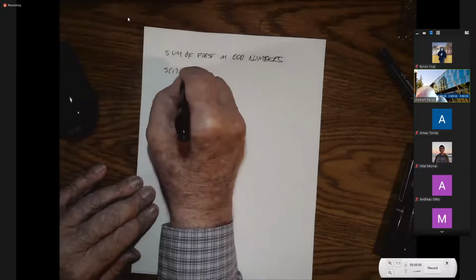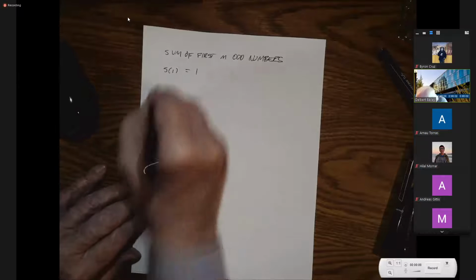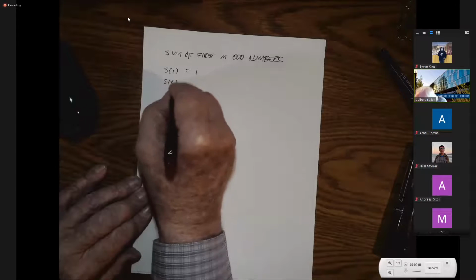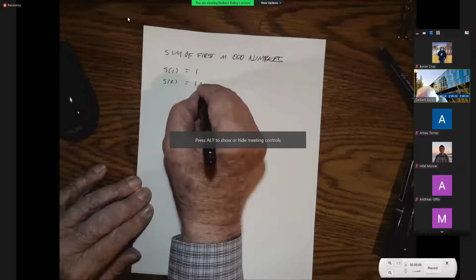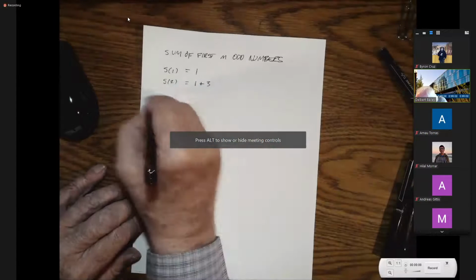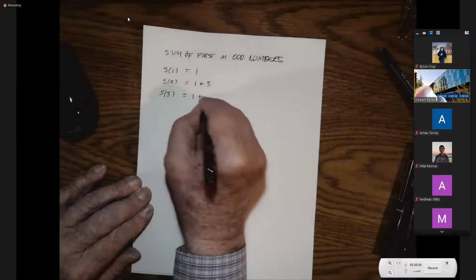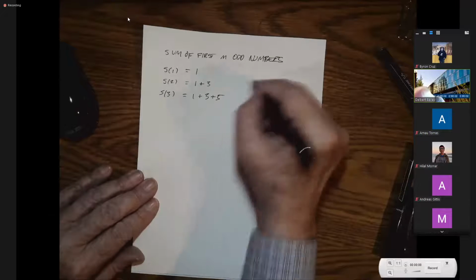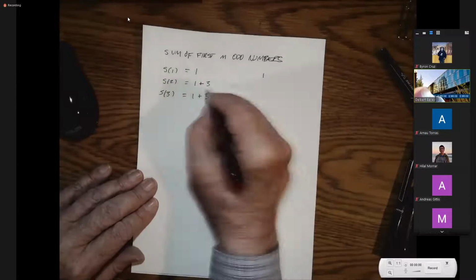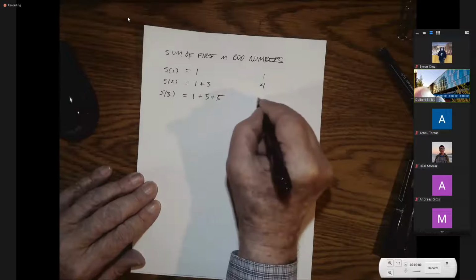It's fairly easy for us to establish for ourselves that that's 1, and so we'll find out that that's 1, that's 4, this one's 9.